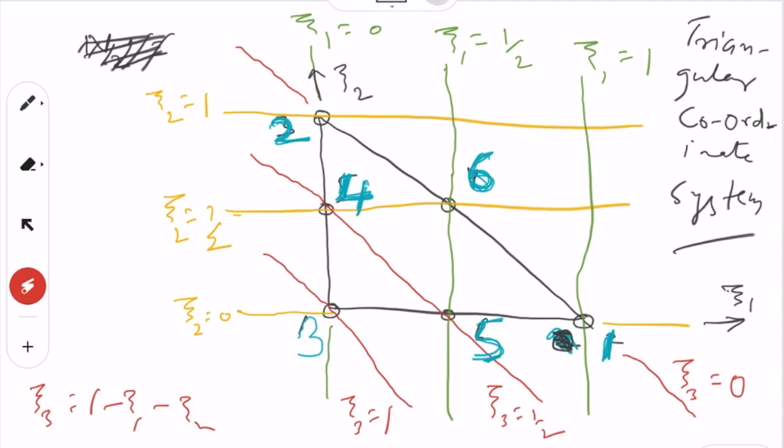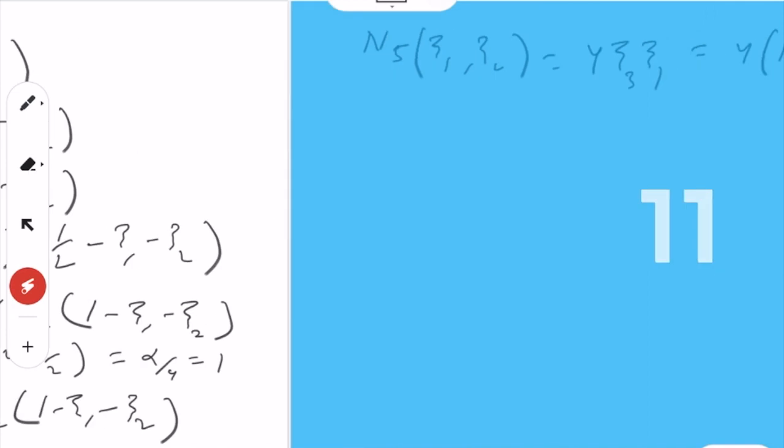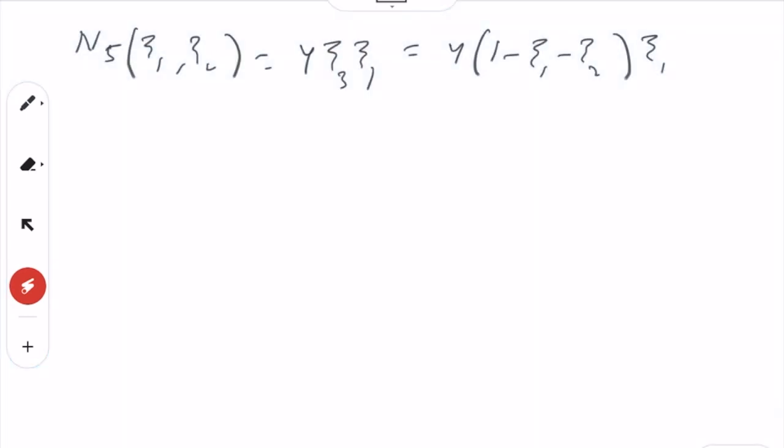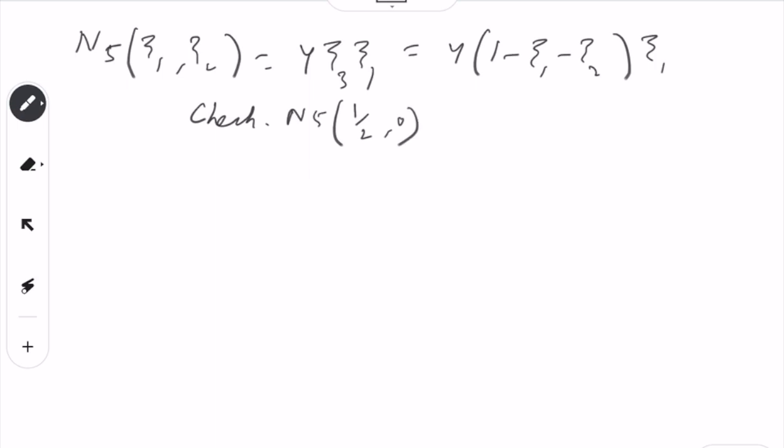If you put the value half, 0 here, let us check: n5 at half, 0 should equal 1, so 4 times (1 minus half minus 0) multiplied by half, so we get 1. So this is correct.